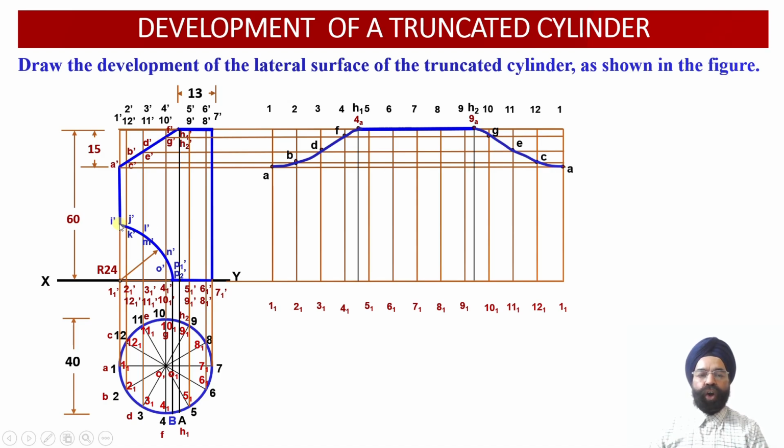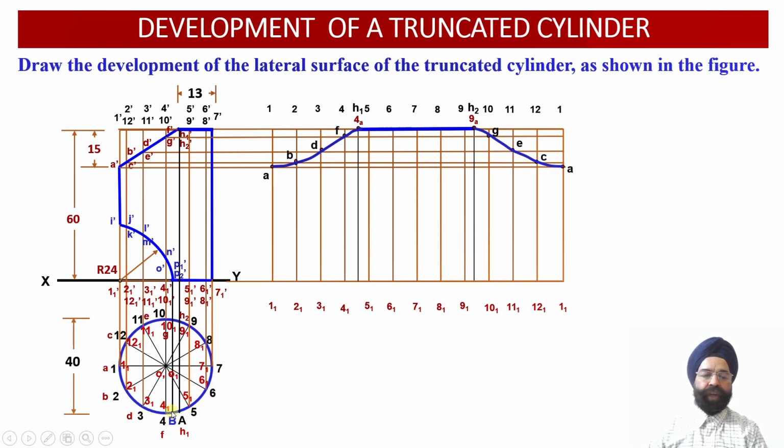So now corresponding to the 7 vertical generators, 7 points of intersection have been obtained, corresponding to the 2 points of the base. So the points P1 dash and P2 dash have been obtained on the base of this particular cylinder over here. So now we can check. If we draw a vertical projector line from the points P1 dash and P2 dash into the top view projections, now this point B has been located over here.